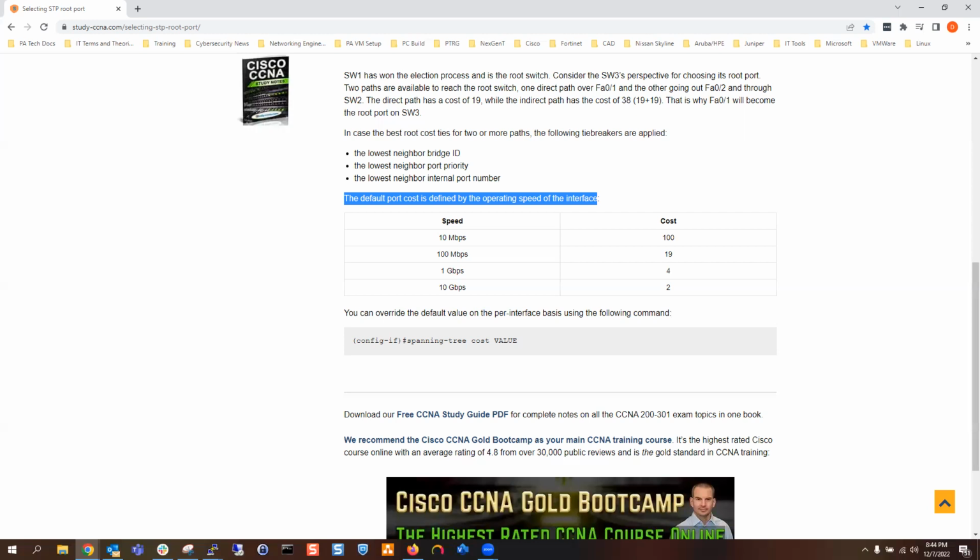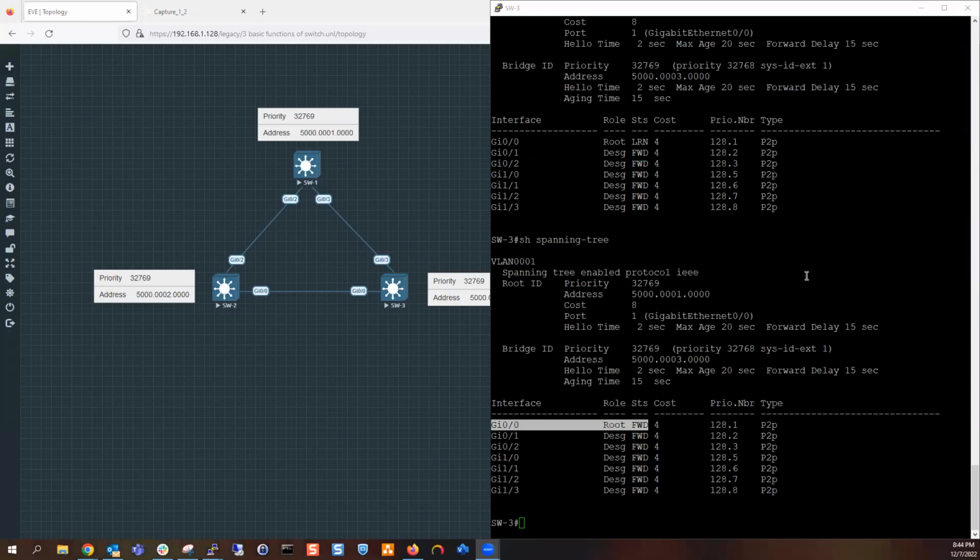Daniel, I'm sorry, go ahead. So the shortest cost you have is a cost of 2 for the 10 gigabit link. But what if I have a 40 gigabit link or 100 gigabit link or terabit links? Is that still a cost of 2? Yeah, that's a good question. It depends on the current setting that you have for spanning tree.